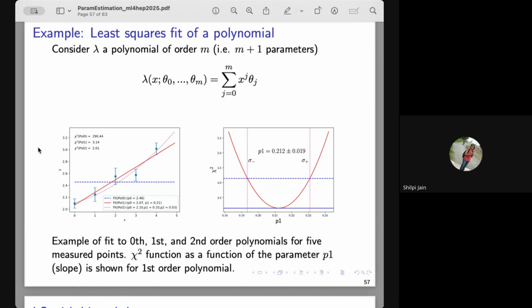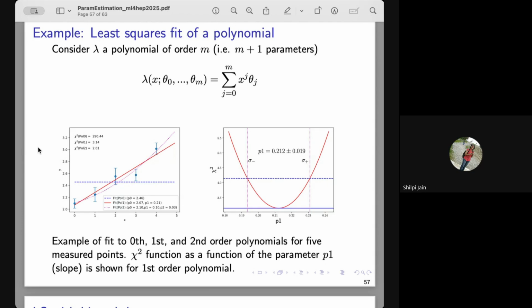Suppose you have n linear equations. Can you estimate more than n unknown parameters from that?